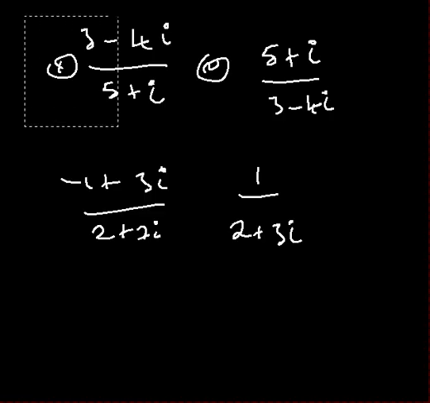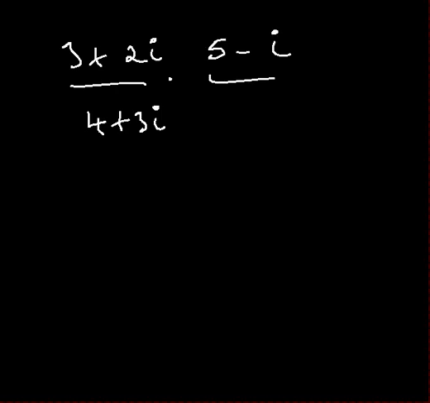And how about if I have a case like this, how do you think we can do it? We have 3 plus 2i divided by 4 plus 3i, times 5 minus i divided by 4 minus 2i.